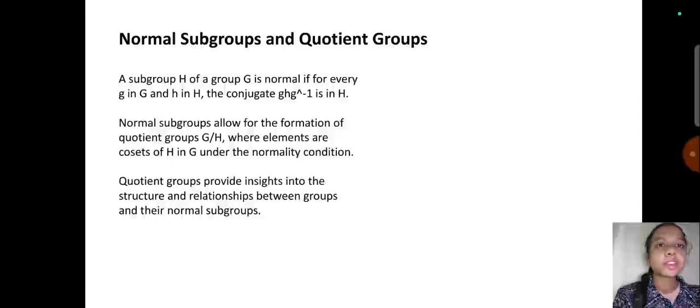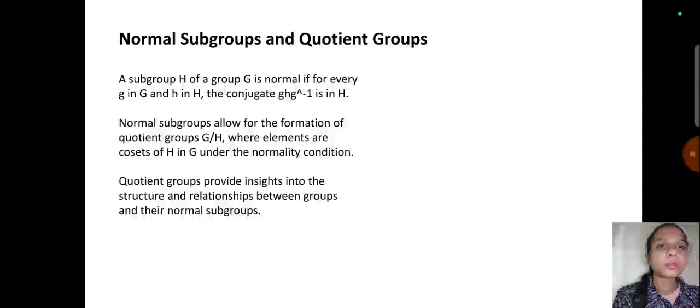A subgroup H of a group G is normal if for every g in G and h in H, the conjugate g h g inverse (g h g^-1) is in H. Normal subgroups allow for the formation of quotient groups G/H, where elements are cosets of H in G under the normality condition.